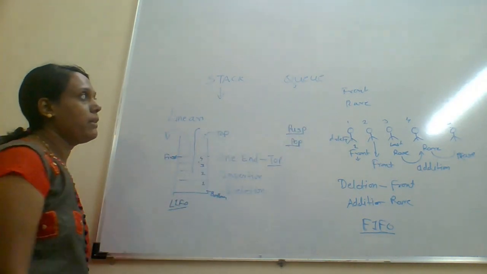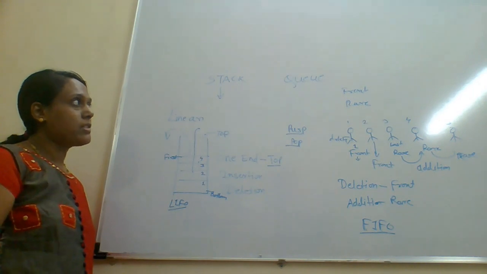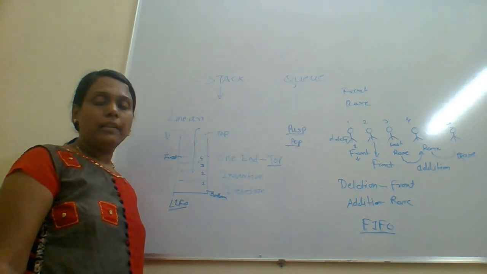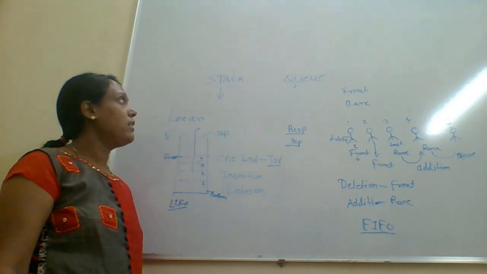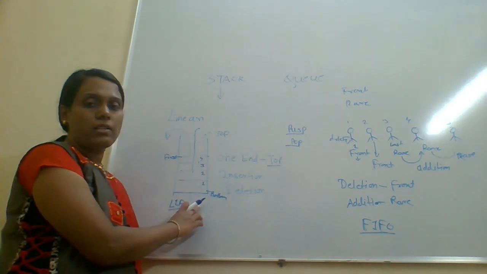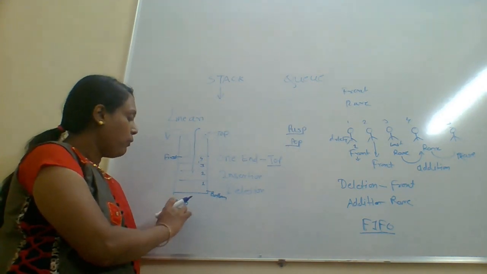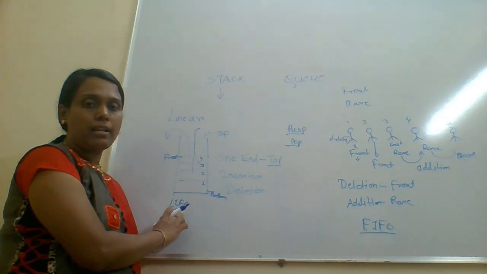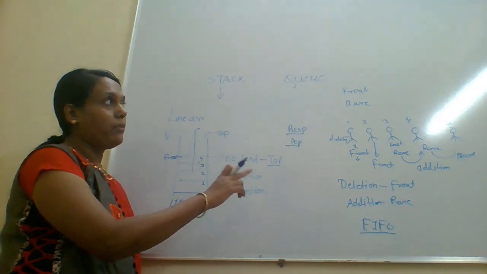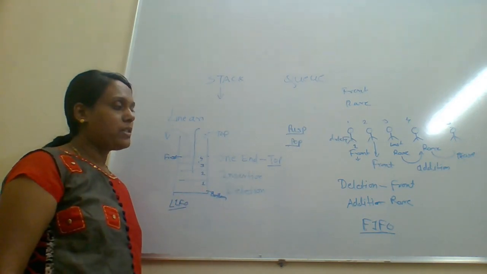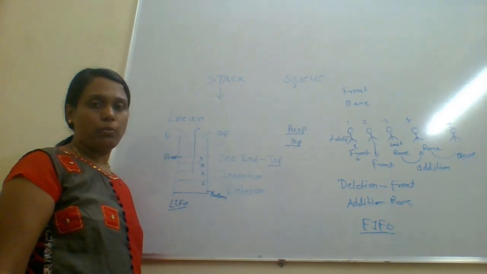Then what is the difference between the stack and the queue? The first similarity is that both are linear data structures. But the stack follows LIFO, that is last in first out, while the queue follows the structure first in first out.